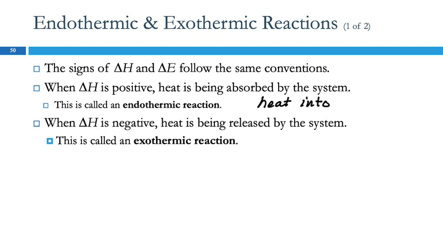Endo, like into. When delta H is negative, heat's being released. Exothermic, heat exit. So exo is going out, endo is coming in. Again, think about money in your bank account or your Venmo account or wherever you keep your money.